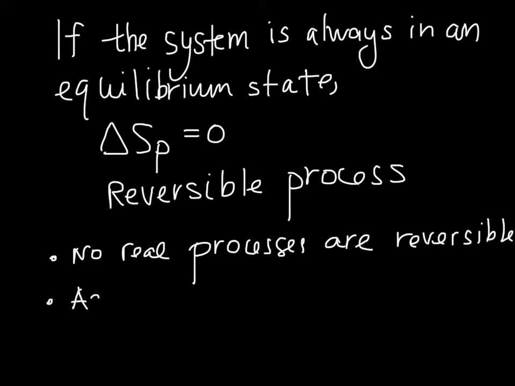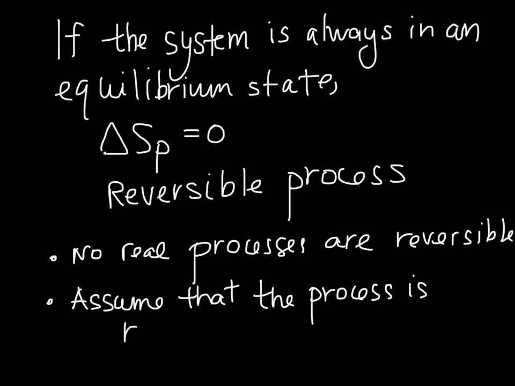But basically for the rest of MSE 308, we are going to assume that the process is reversible. And if you allow it to happen infinitely slowly, then it's not such a bad assumption, really.